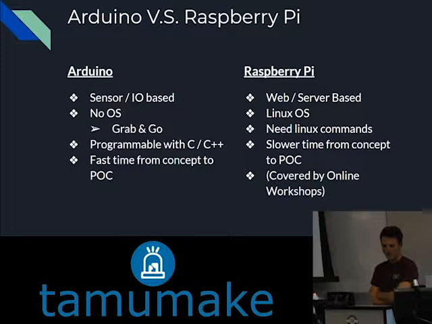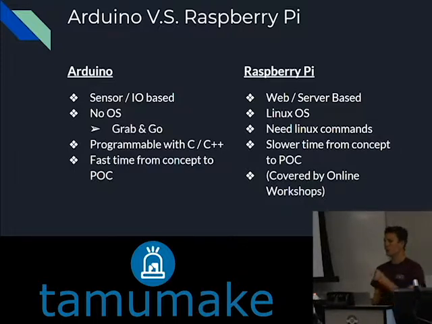Okay, so basically the main difference between the two is Arduino is hardware, Raspberry Pi is software. And that's a very, very broad generalization of it. But you can kind of think of it like that. So an Arduino is sensor input-output based. That means that they're really good for hooking up sensors and modules to it.